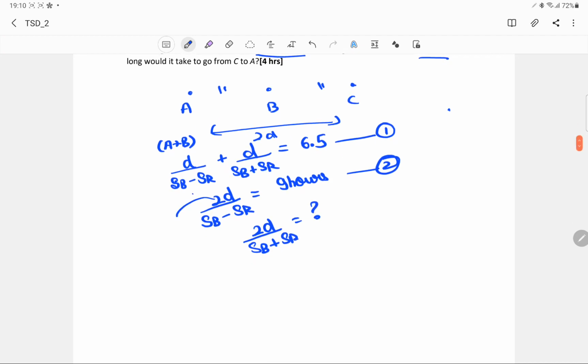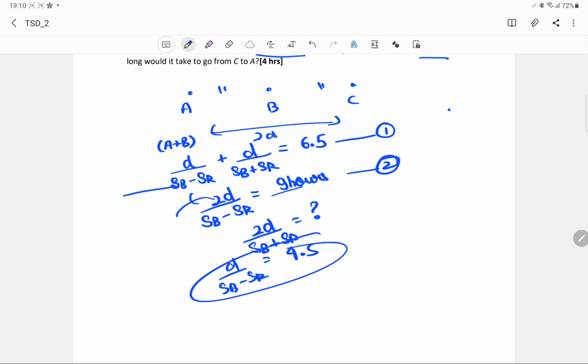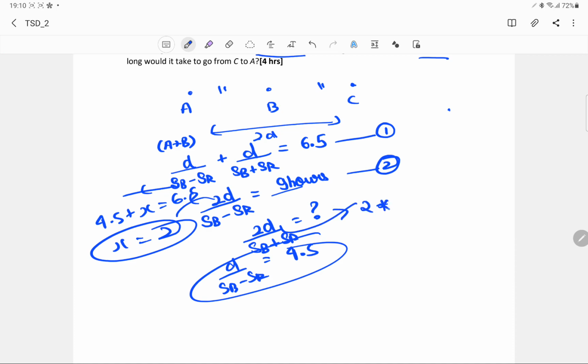So from here you'll get d upon speed of the boat minus speed of the river equals 4.5 hours. This is actually something x, and this is nothing but 6.5. So x you'll get 2, and for this you'll have to multiply by 2. So 2 into 2 is 4 hours, and this is your answer.